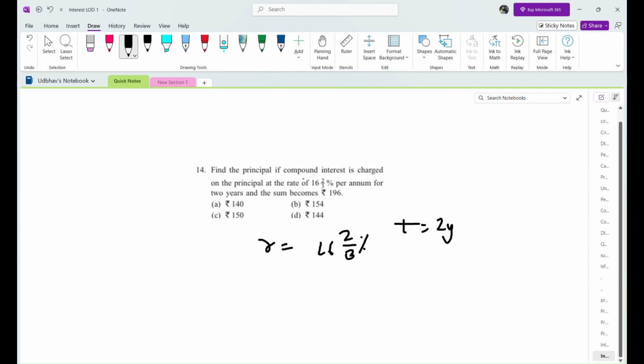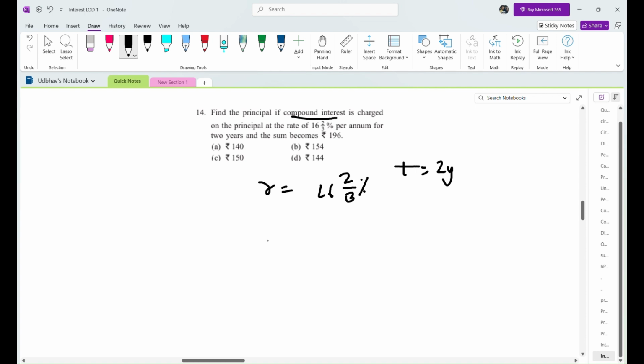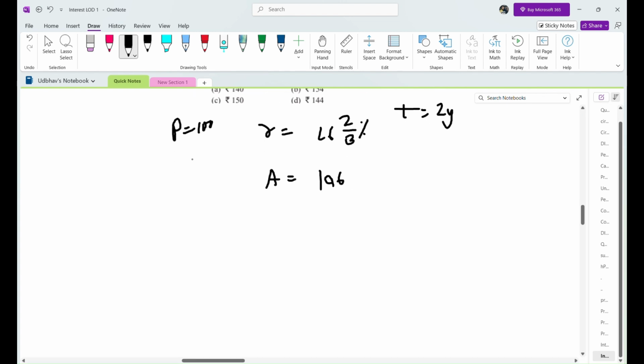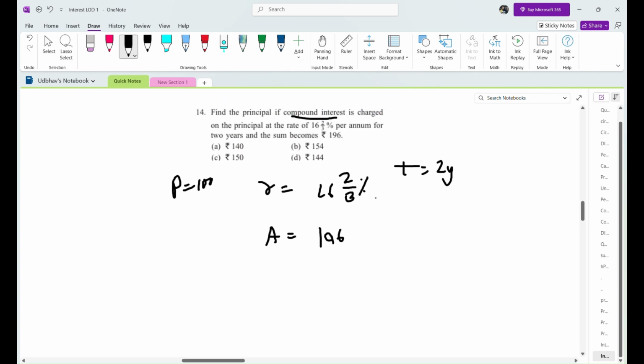It is compound interest, and we are given the sum becomes 196, that is the amount is given to be 196. So again we'll do the same thing, we'll assume our principal will be 100. If the principal is 100, we can solve this more. 16 into 3, that is 50 upon 3%.